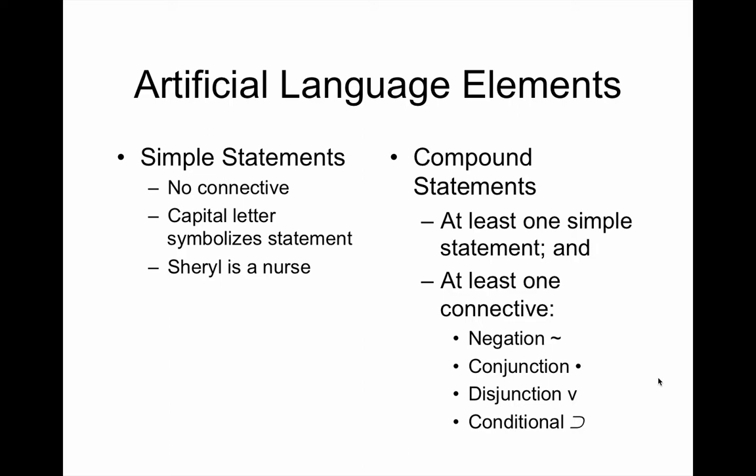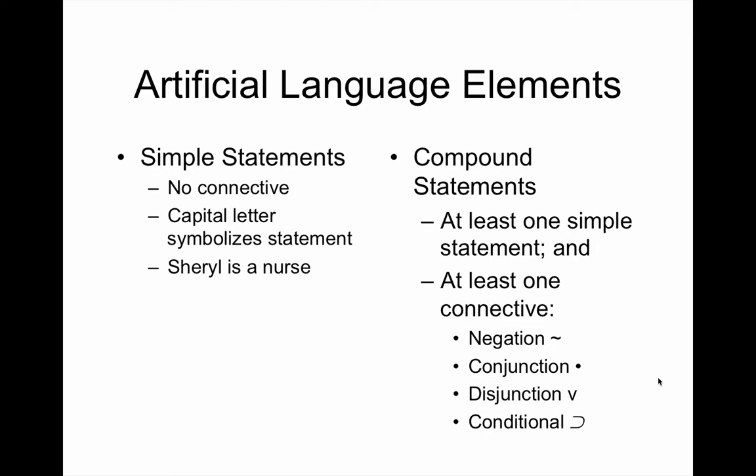This is particularly the case when you understand what these operators, the connectives, are and what they do. And I mentioned that a simple statement is a statement that has no connective. You now know what a connective is. So a simple statement is a statement that cannot be further reduced without thereby losing its status as a sentence that's either true or false.